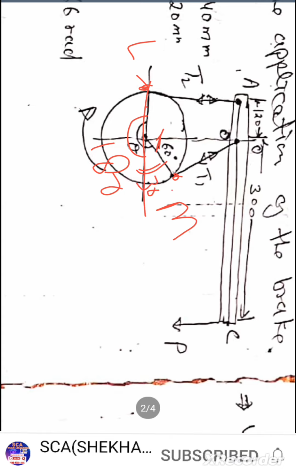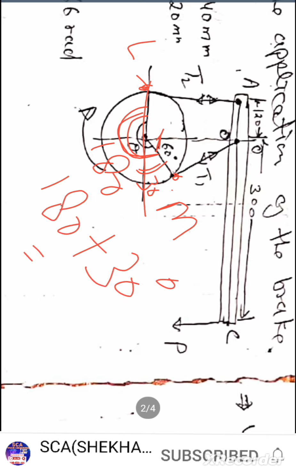So the total angle of lap theta from L to M is 180 plus 30, that will be 210 degree.